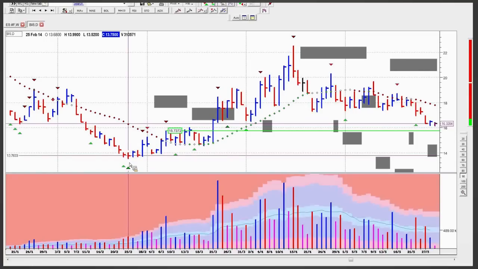Yeah, that's right, Miwa and Miang, absolutely correct. Yeah, it's narrow. That's very important. What do you notice about the volume compared to the previous 3 or 4 weeks? Quite big.